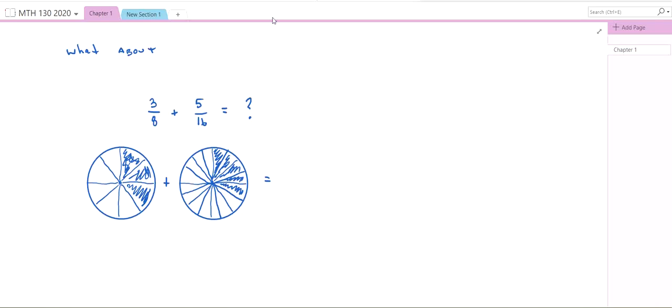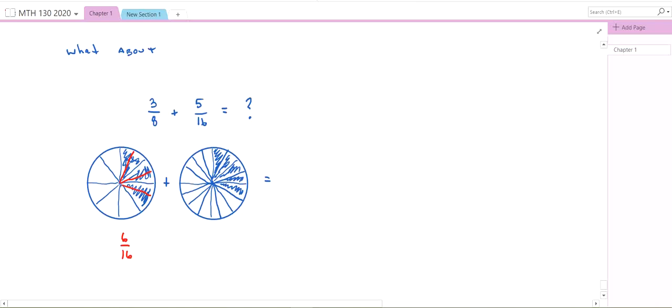And what we can do to figure that out is, let's just figure out what 3/8 is in terms of 16. So we can cut each of these in half. Cut each of these in half. So now we have 6/16. 1, 2, 3, 4, 5, 6.